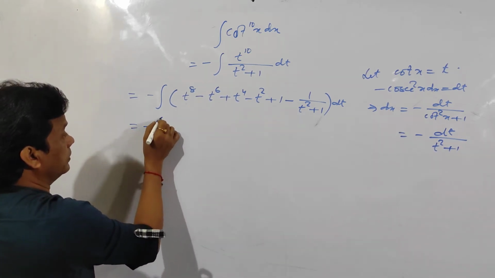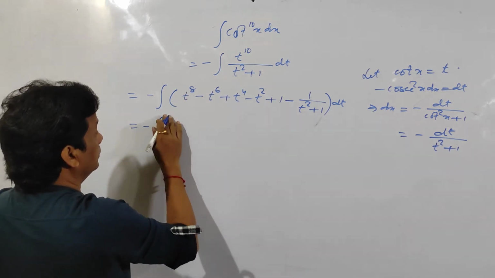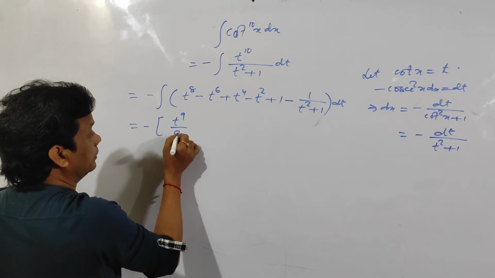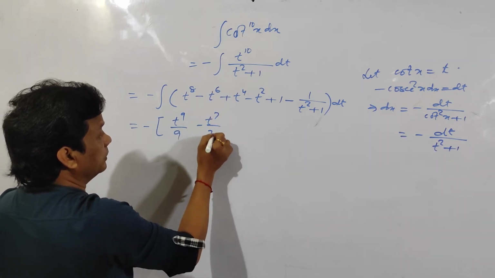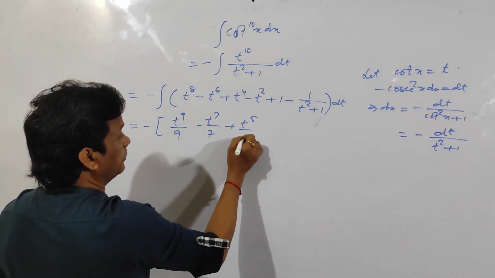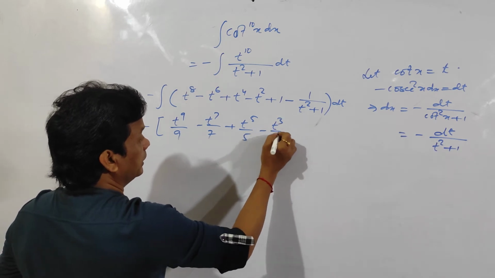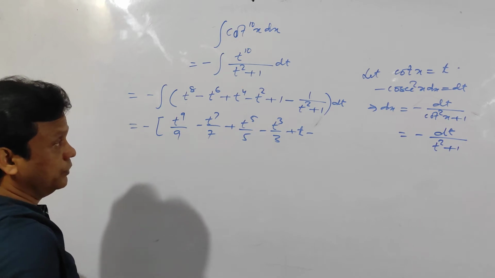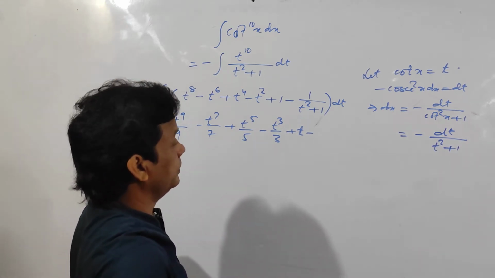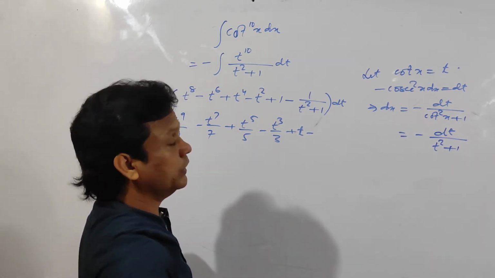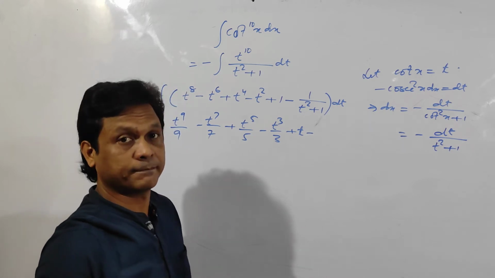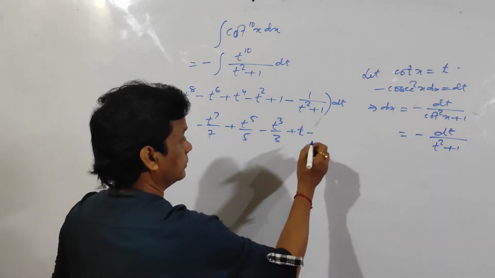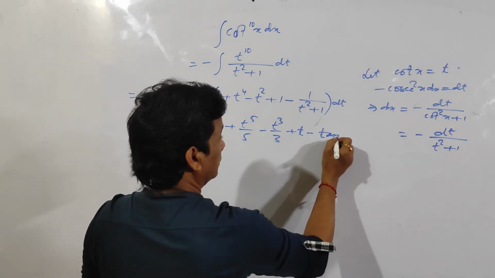So the answer will be minus the integration of t to the 8 dt, it will be t to the 9 by 9, minus t to the 7 by 7, plus t to the 5 by 5, minus t cubed by 3, plus t, minus, how to write this one? It is tan inverse t. Clear?